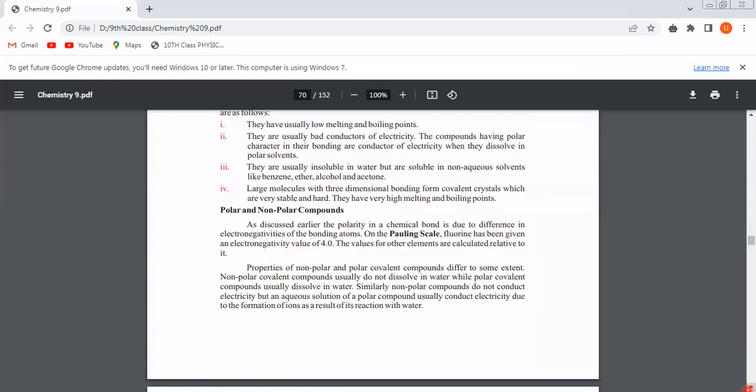Properties of non-polar and polar covalent compounds differ to the same extent. Non-polar covalent compounds usually do not dissolve in water, while polar covalent compounds usually dissolve in water. Similarly, non-polar compounds do not conduct electricity, but an aqueous solution of a polar compound usually conducts electricity due to the formation of ions as a result of its reaction with water.